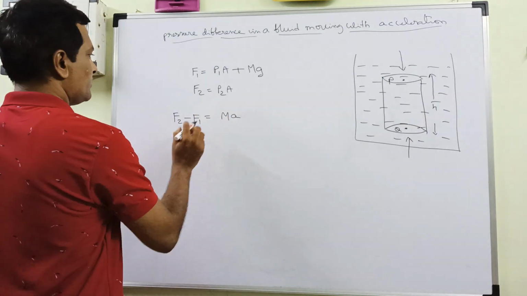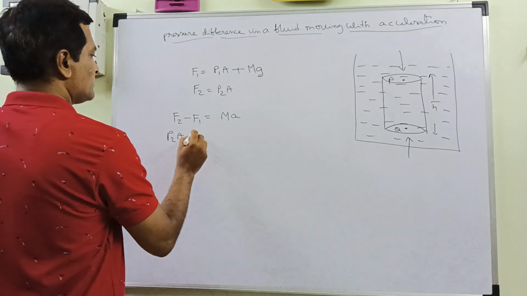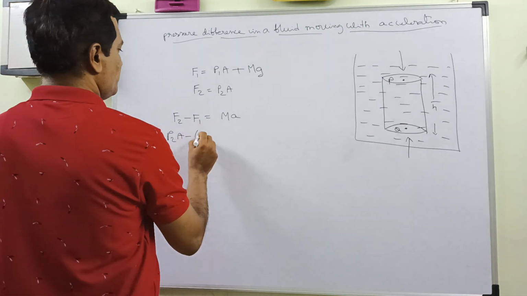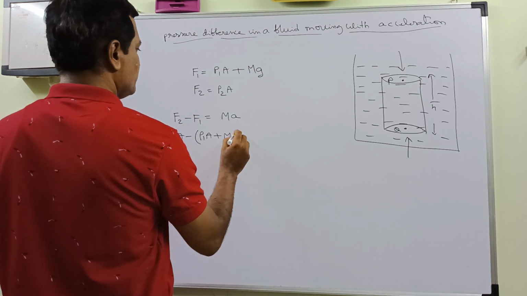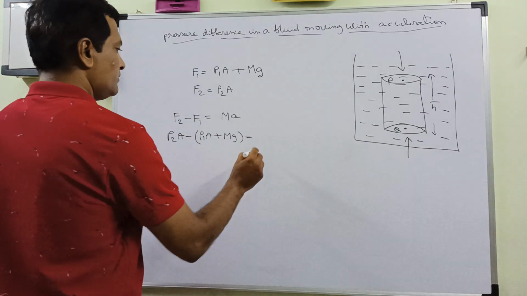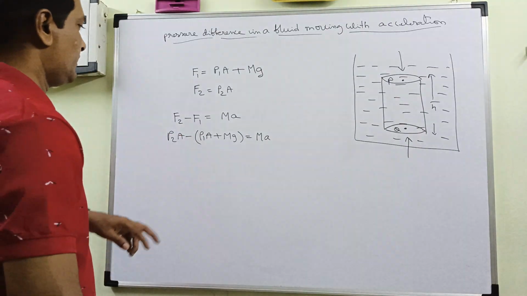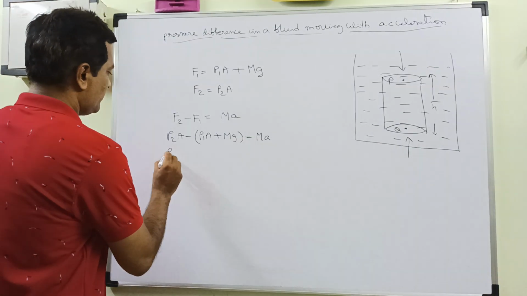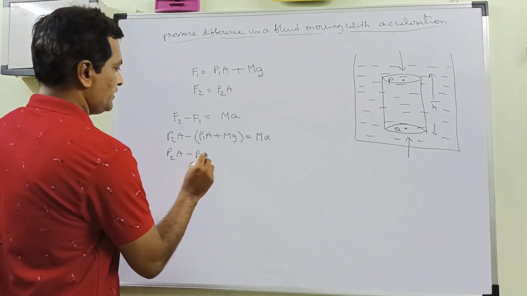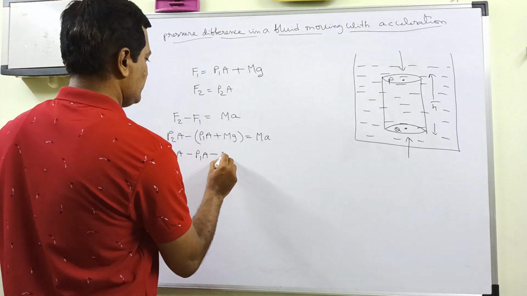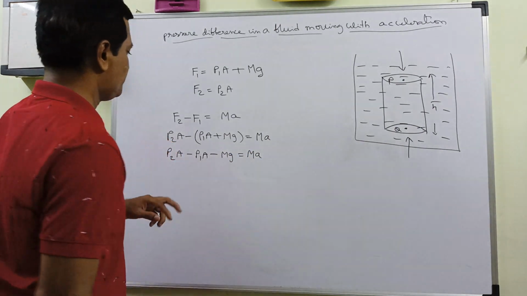If we substitute, F2 is P2A, minus F1, which is P1A plus mg, is equal to ma, right? Further, P2A minus P1A minus mg is equal to ma.